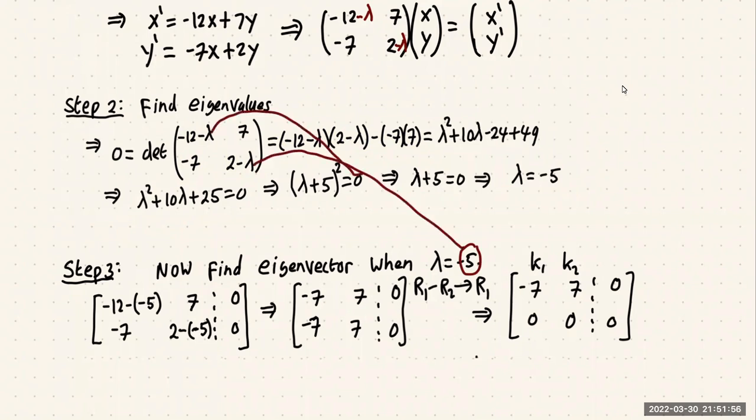And that's how I got this guy down here. And we're going to solve this augmented matrix to find our eigenvector. So it's going to be set equal to 0, 0 over here. Okay, so negative 12 minus a minus 5 will be minus 7. I'll have our 7 there, then minus 7 there, and minus 2 minus a minus 5 is 7 there also.